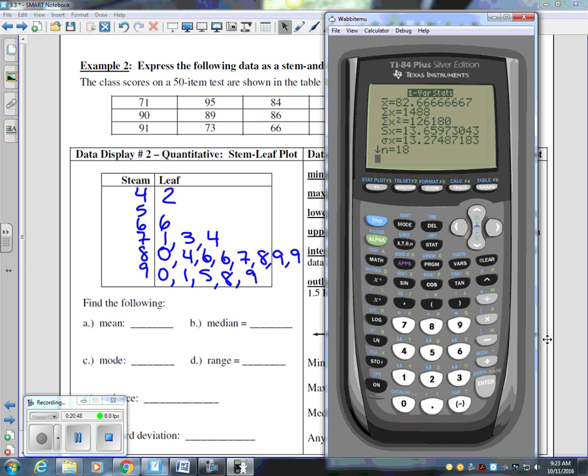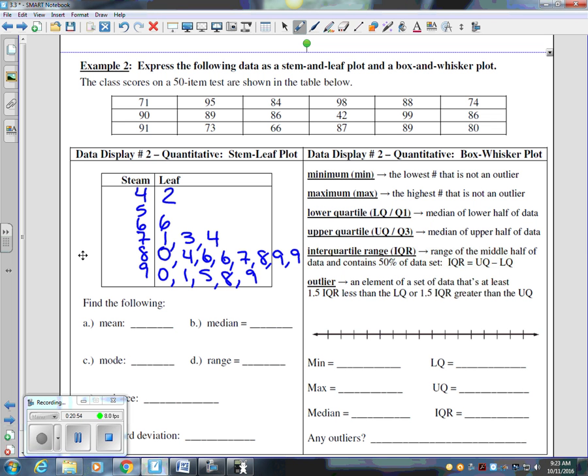All right. So, Alexis H., what do you have for the mean? 82.7. That is X bar. Eric, what do you have for the median? Good. That's the one where you have to scroll down for MED. Justin, will the calculator give you the mode?